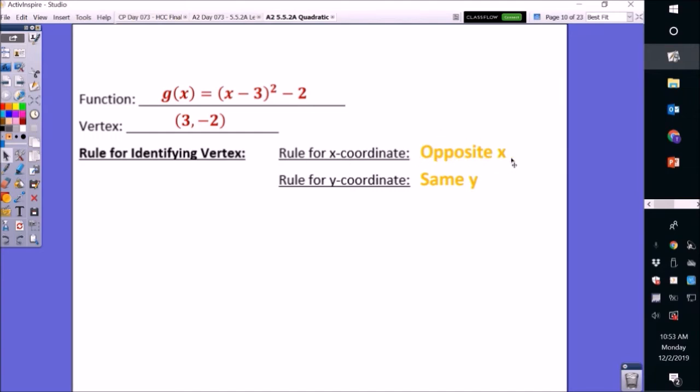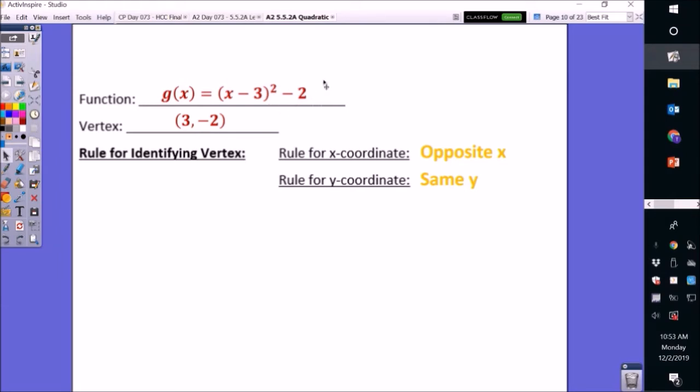From absolute value functions, we had opposite x and then same y. So when we apply it to this given equation, for x minus 3, the minus 3 is with the x. So minus 3 is the same as negative 3. So the opposite of negative 3 is positive 3. So positive 3 is the x coordinate of the vertex.